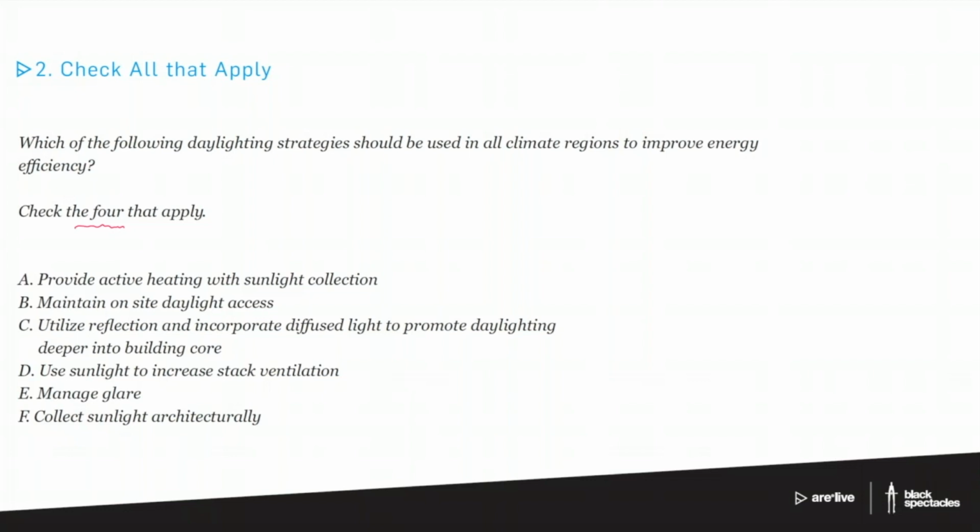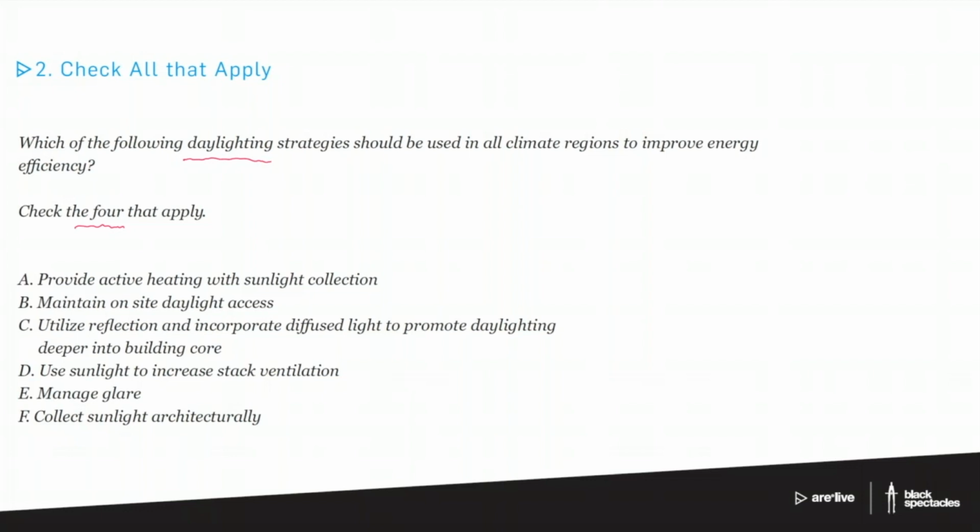So before I even look at my 6 options at the bottom, I'm going to look at the question and see what I know. Well, they're asking about daylighting. What do I know about daylighting? Daylighting is good. Everyone likes natural light. You want to plan your building to optimize daylighting. Glare is bad.